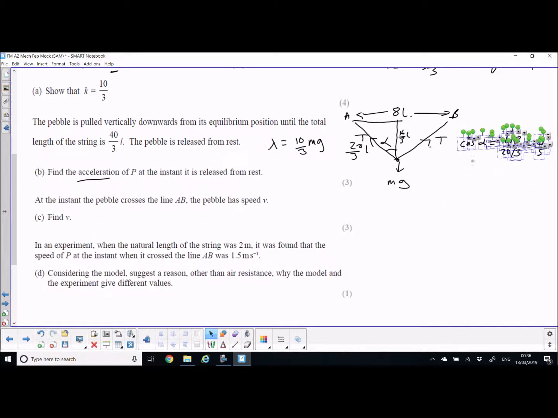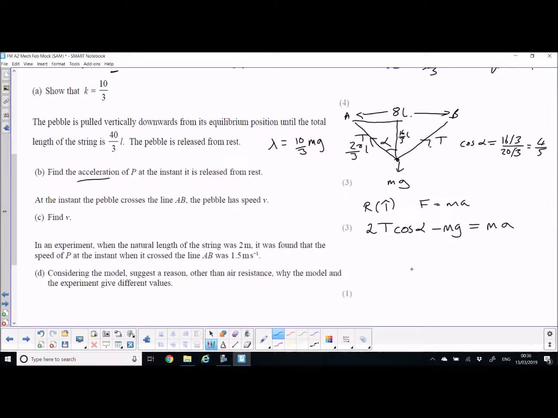So we're going to resolve vertically again, but now we're not in equilibrium, so we're going to have to use the fact that force is mass times acceleration. So in the upward force, I've got 2 lots of the tension cos alpha, acting down I've got the weight, and that's going to be mass times acceleration.